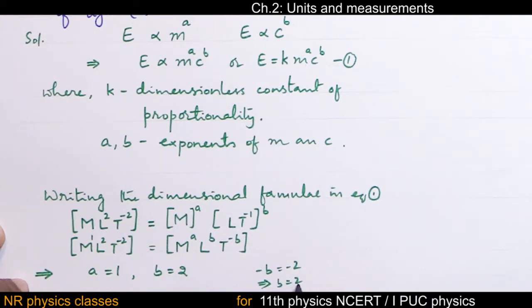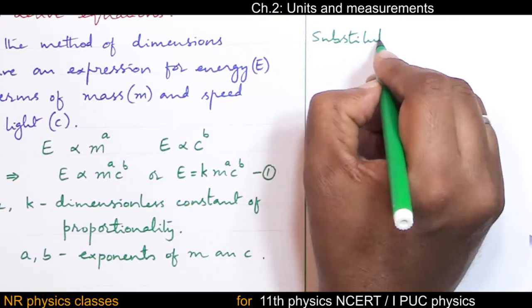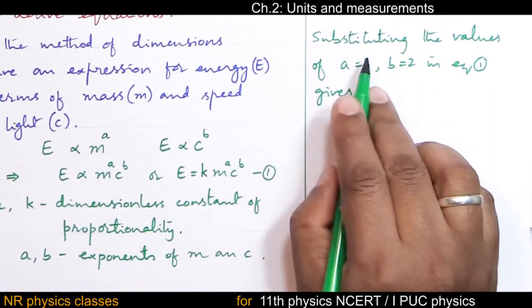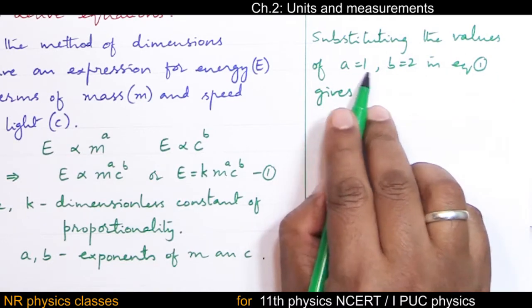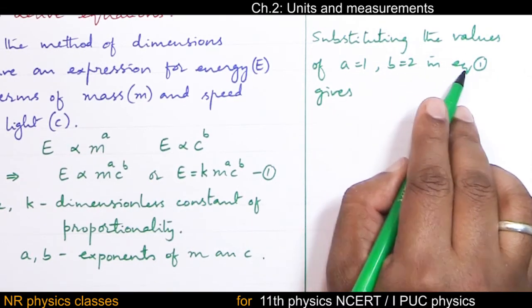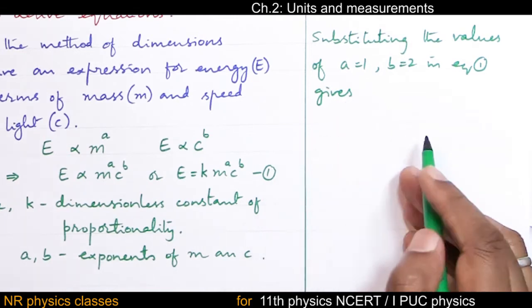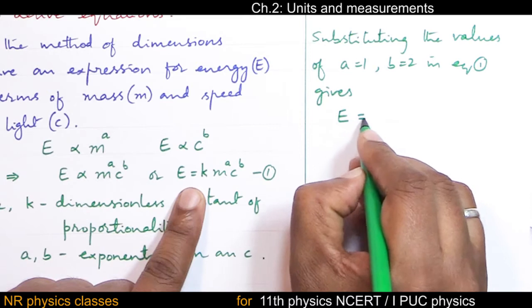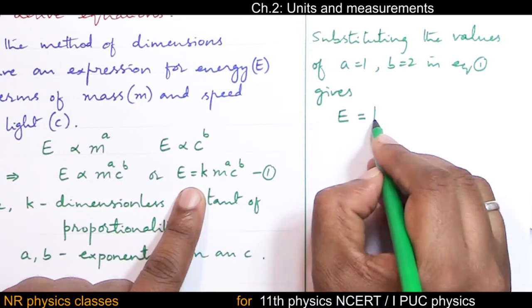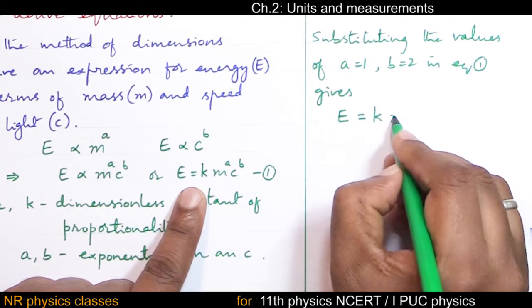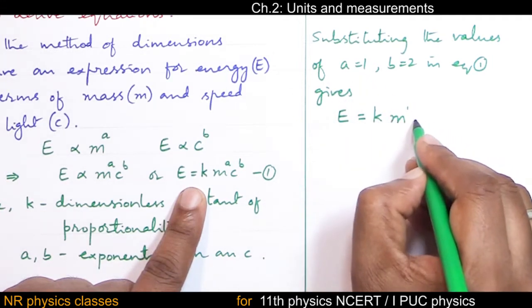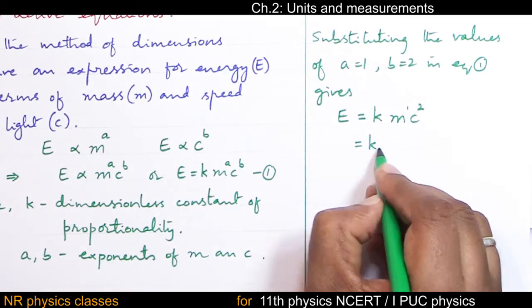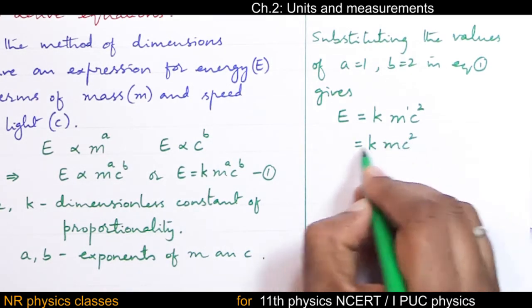Again we get B equals 2. Substituting the values of A equal to 1 and B equal to 2 in equation 1 gives E equal to K, a dimensionless constant, M^1, C^2. So E equals K m c square.